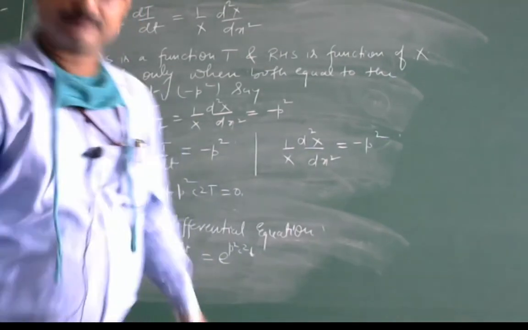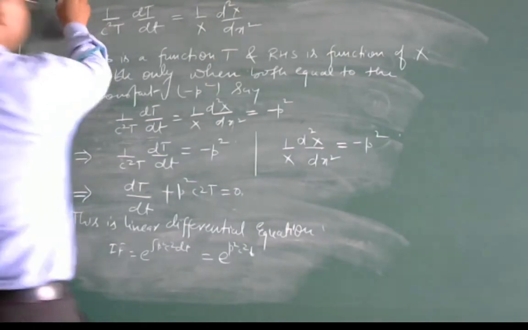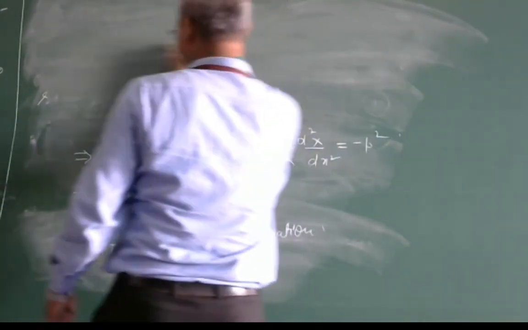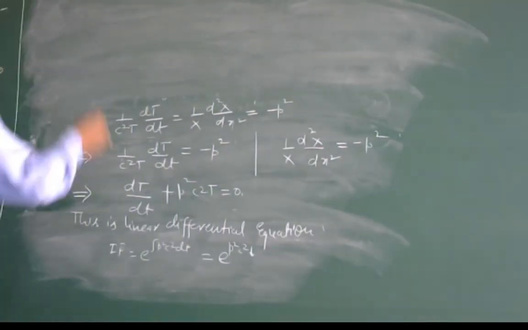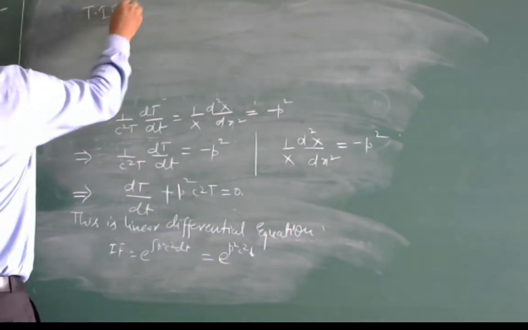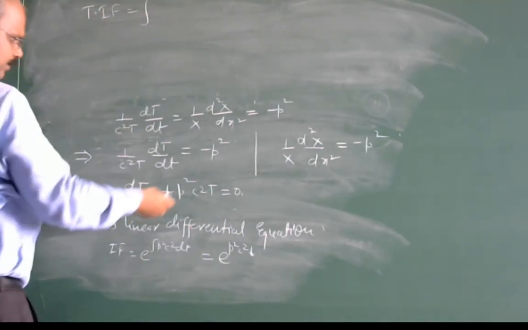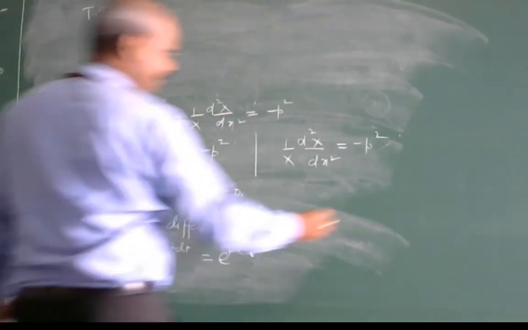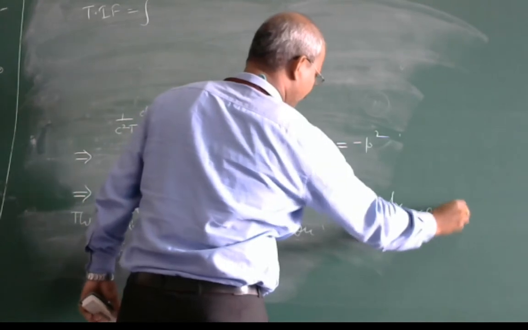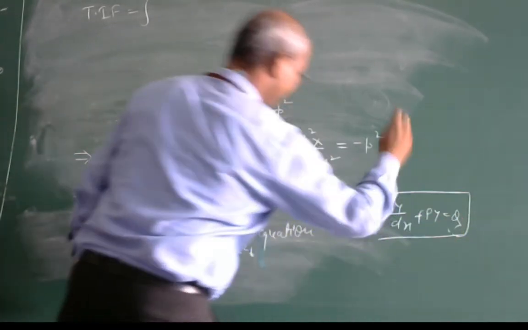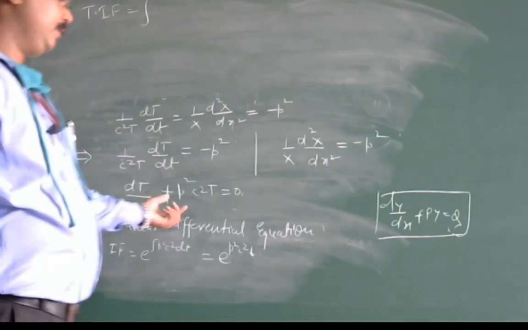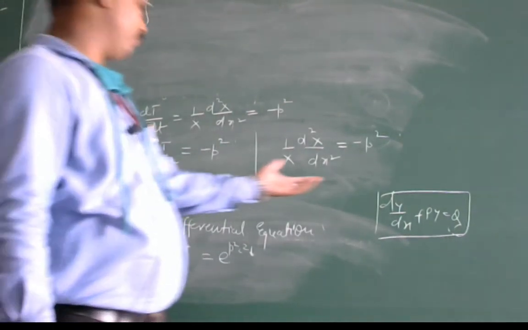Now from here the solution will be of this type: T into the integrating factor is equal to, as you know, by comparing this with dy by dx plus Py is equal to Q, we find the value of P is p square c square and the value of Q is 0.